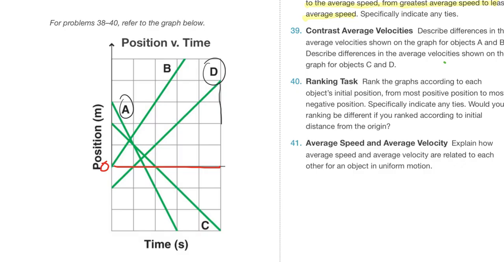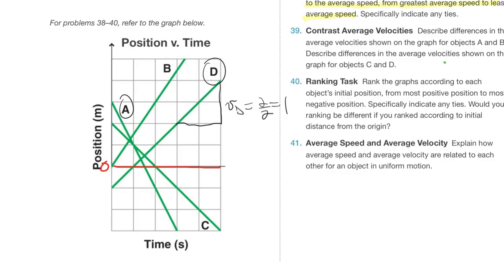D has a slope. I'll just say velocity because velocity is slope. The velocity for trip D is 2 over 2. I'll just assume each of those blocks is 1 by 1.